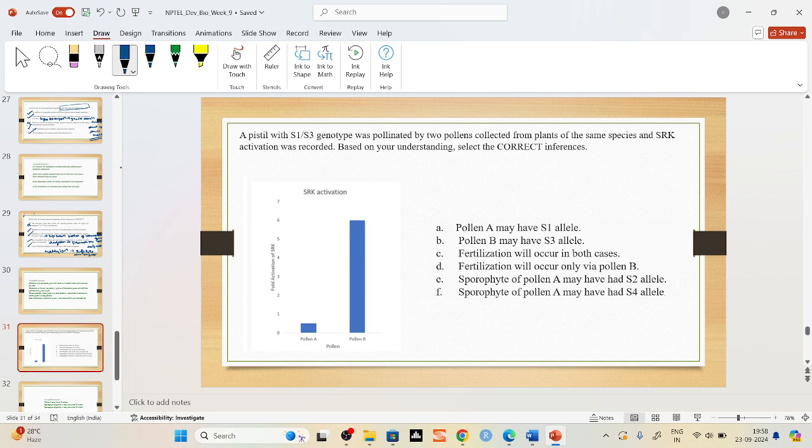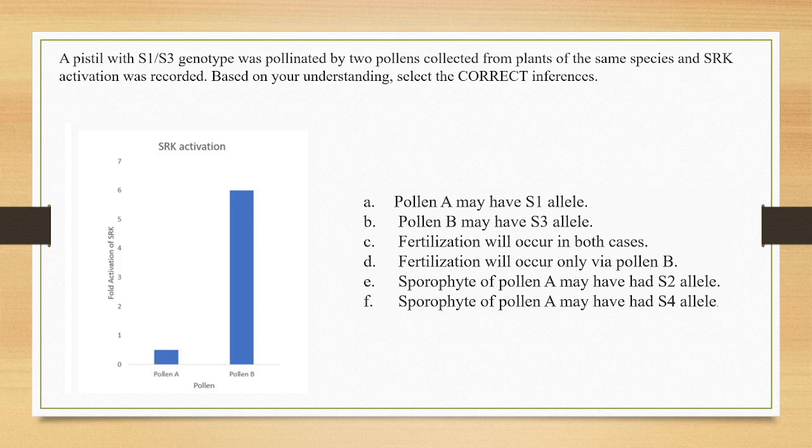Okay, fine. Let us try to understand this. Now, the question says a pistil with genotype S1 S3 was pollinated by two pollens collected from plants of the same species and SRK activation was recorded. Based on your understanding, select the correct inference. First of all, we should try to understand what the question says. The pistil has a genotype of S1 S3.